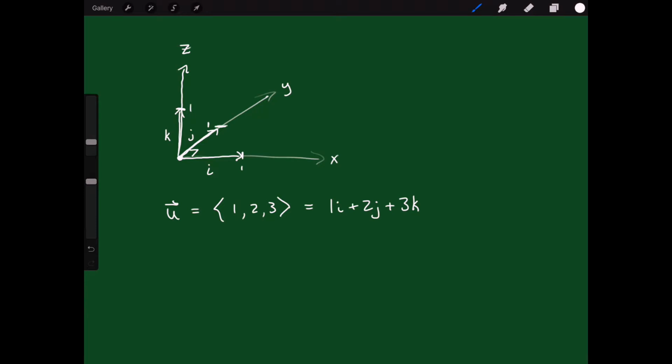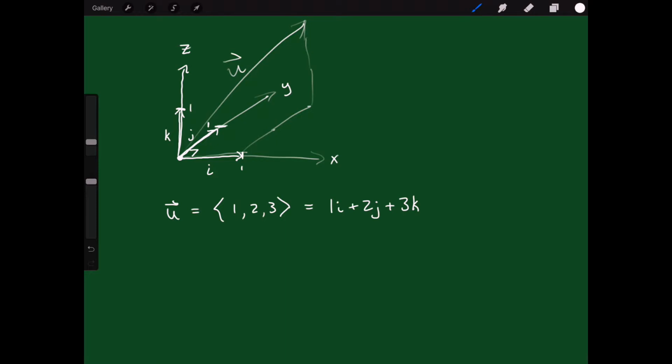Go 1 in the x direction, go 2 in the y direction, and then go 3 in the z direction, and then you get your vector u.